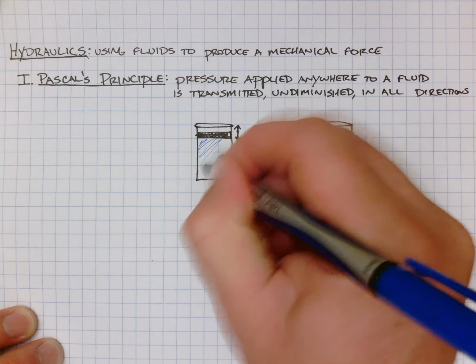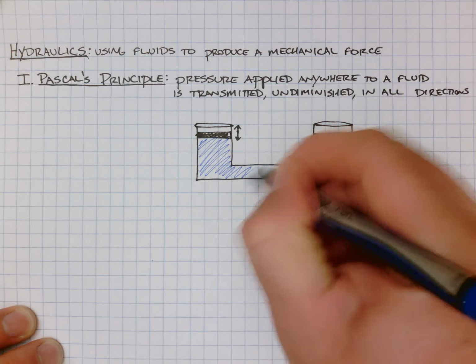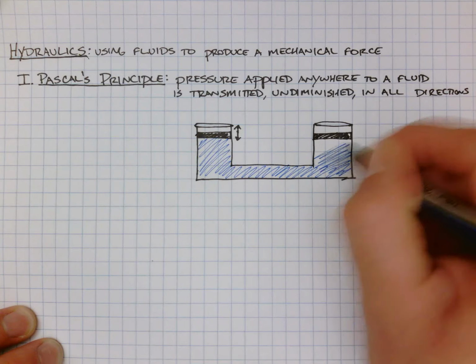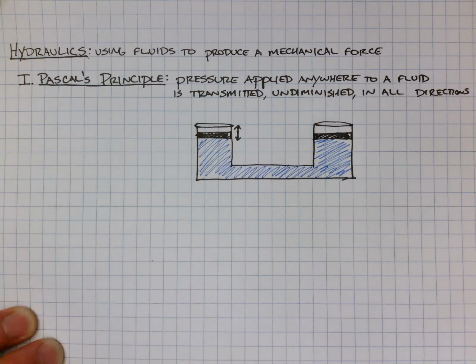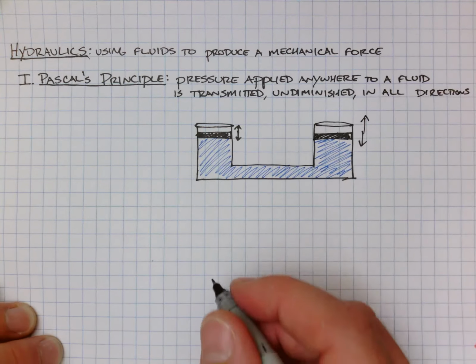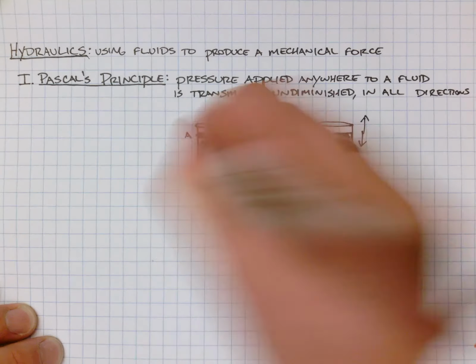And there's a fluid that connects both of these pistons. Again, this one can move up or down. We'll call this A and we'll call this B.